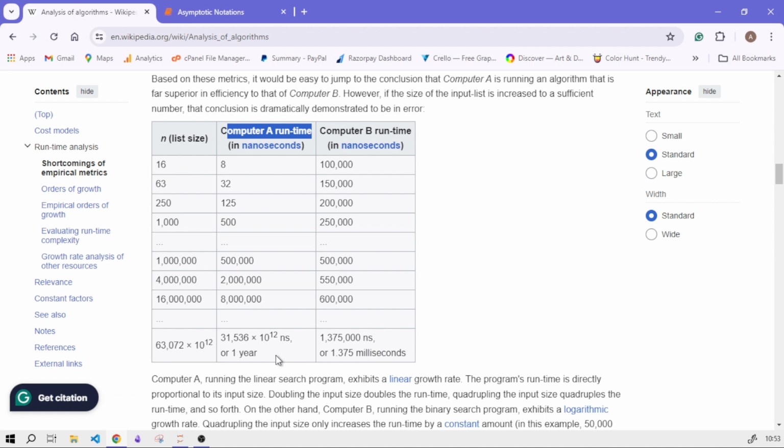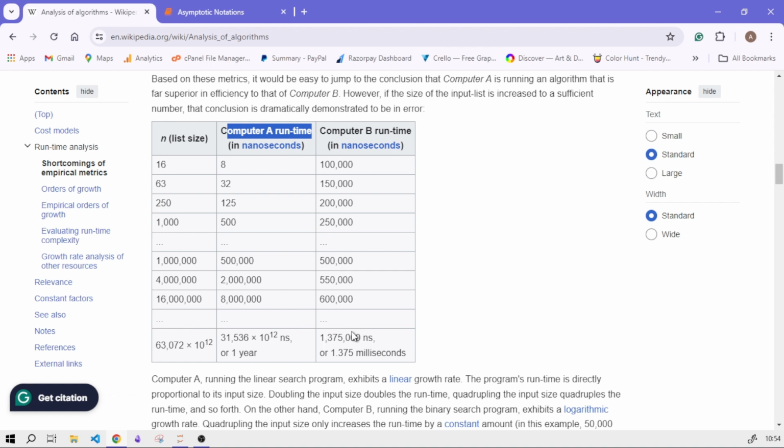And computer B is just taking 1.375 milliseconds, although both are running two different algorithms, they're solving the same problem. So computer B is far more efficient in the long run as compared to computer A. Okay, long run as in for the input size that's big.